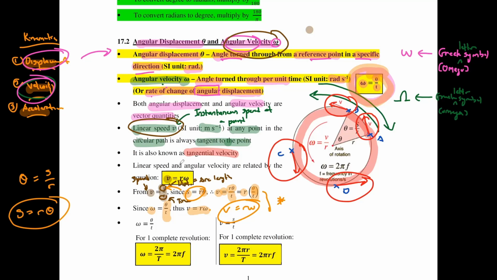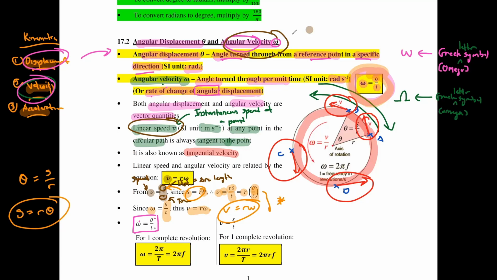Now for circular motion, there are also some other useful equations for you to know that are written in the boxes below here. If you look at the equation omega equals theta over t, this one is angular velocity, and this one is angle in radians divided by time.